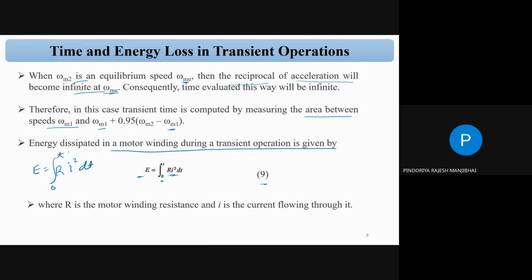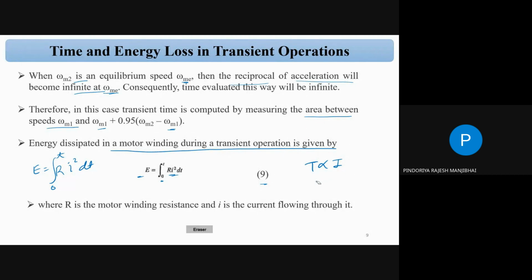Whatever time period you want to cover in the transient operation, you can cover, and you have to consider R as the motor winding resistance and I as the current flowing through it. And you can see I is your torque component, because torque is directly proportional to the current.